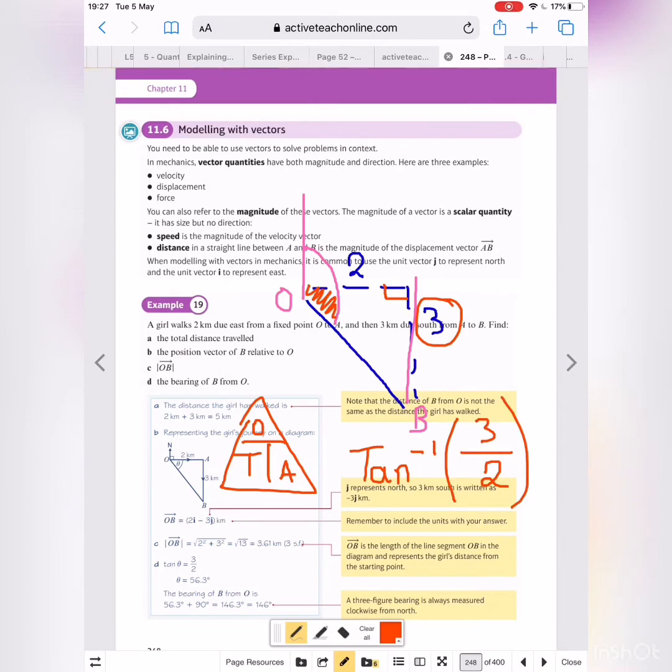So then again, you just put that into the calculator and it comes out that that's 56.3. But remember, that is just that little bit there. We haven't yet added on this bit. Therefore, what we need to do is add on 90 degrees for that right angle there.